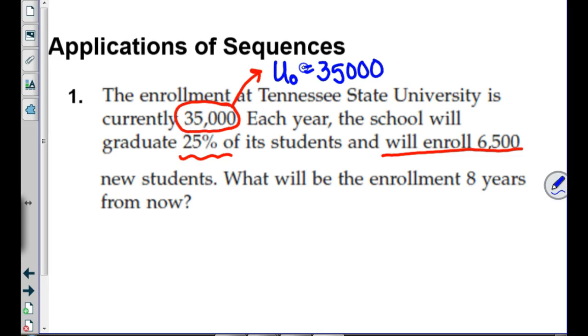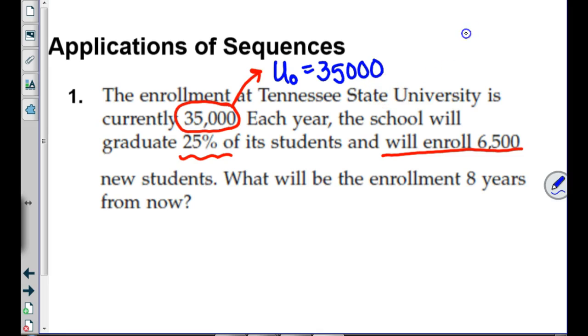Okay. How do we show that they graduate 25%? Okay, and then what? Is that going to be the answer? Can you do 35,000 times 0.25? Is that how many people are left at this school?